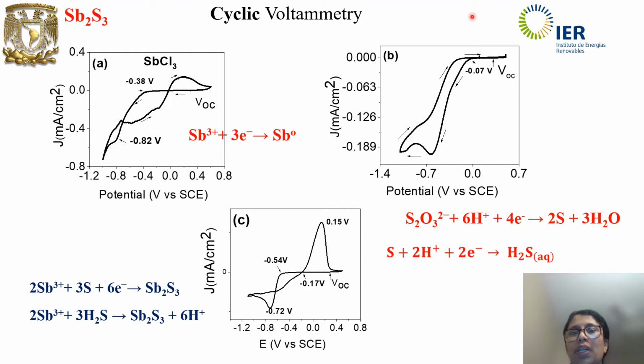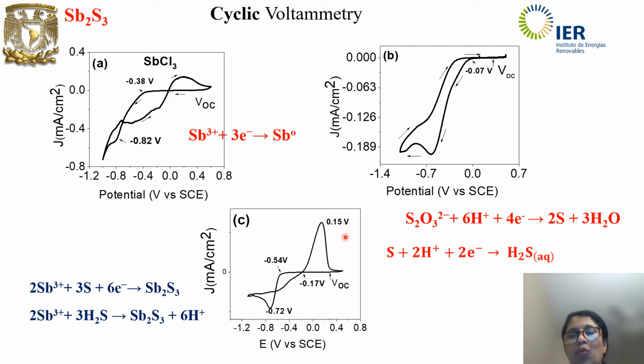In the case of thiosulfate, an oxidation peak may be absent due to the reduction of sulfur to hydrogen sulfide. In this part, the thiosulfate might have been reduced to sulfur. We are not observing an anodic peak, maybe because during the process this sulfur might have been further reduced to hydrogen sulfide.